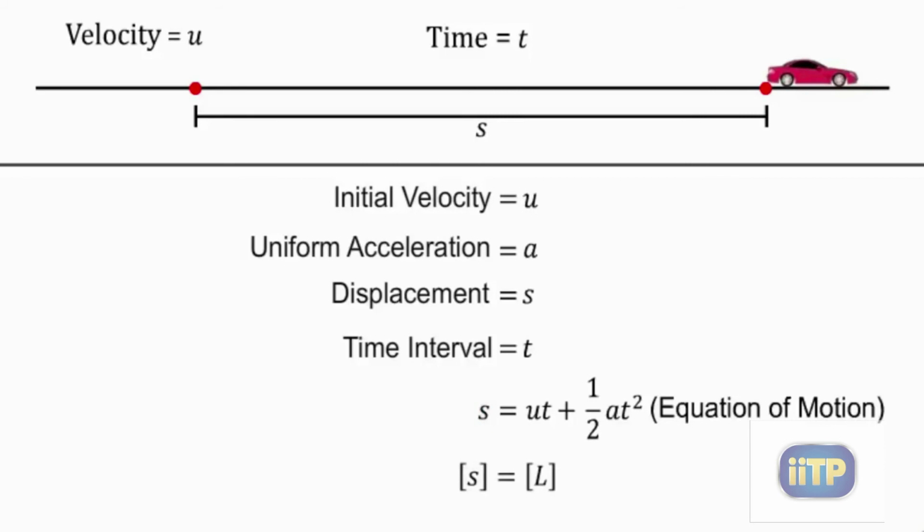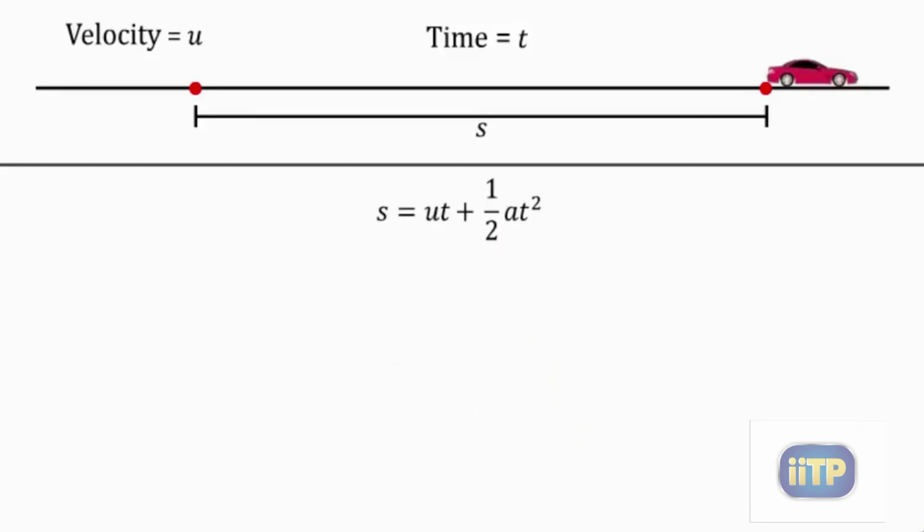On the right-hand side of the equation, we have 2 terms, each involving the product of 2 different quantities. The first is ut and the second is half at square. When the magnitudes of two or more physical quantities are multiplied, their dimensions are also treated in the same manner as done with ordinary algebraic symbols.